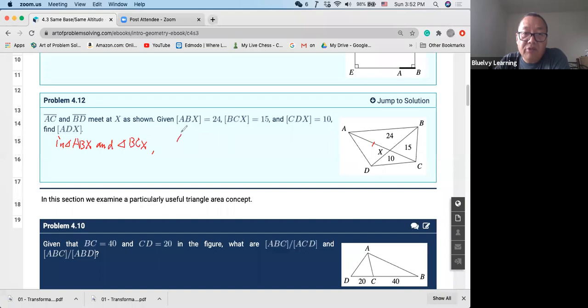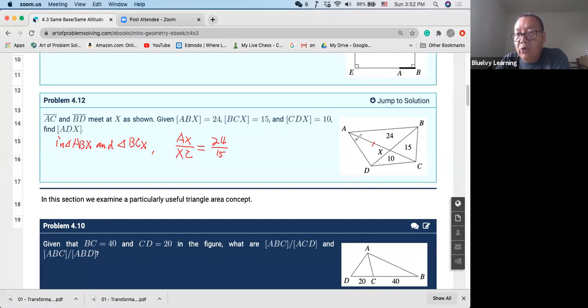So by this way, you can get AX over XC equals 24 over 15, because the ratio of their areas equals the ratio of their bases, because they have the same altitude, right?